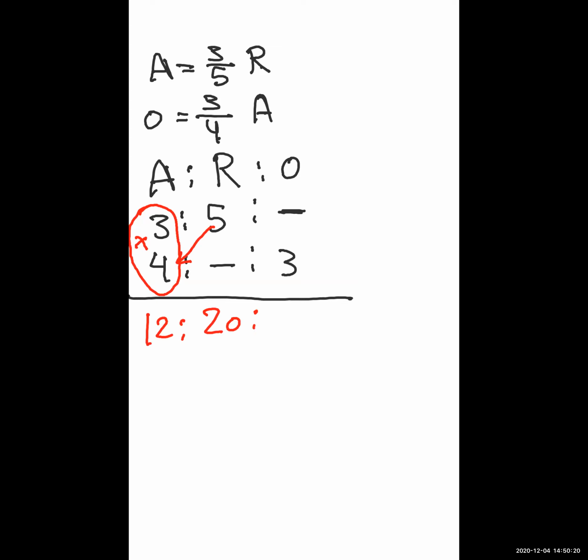Then what about Omar? 3 times 3, which is 9. Now get the sum of the ratio. It will be 12 plus 20 plus 9, so 41.